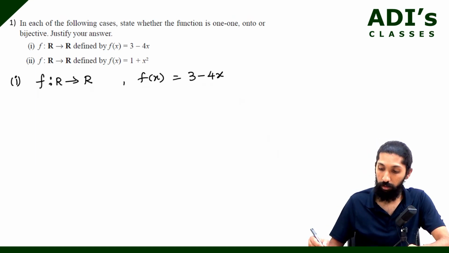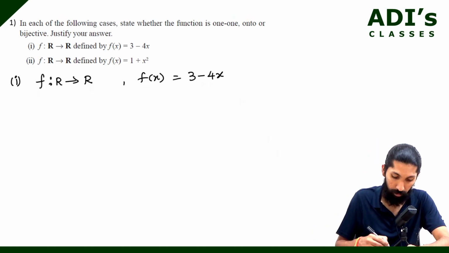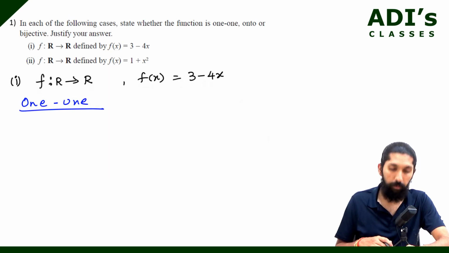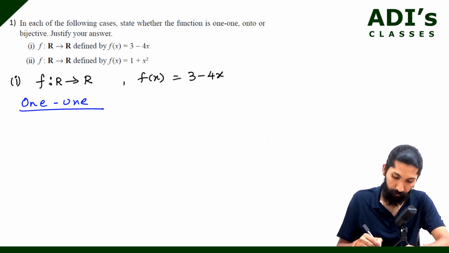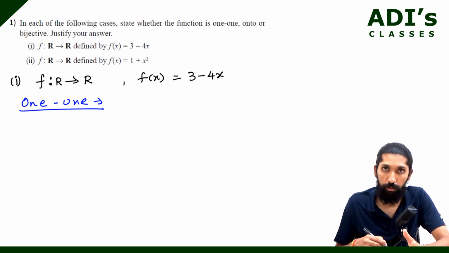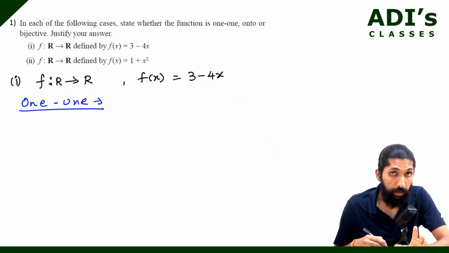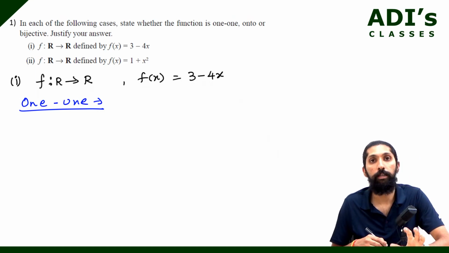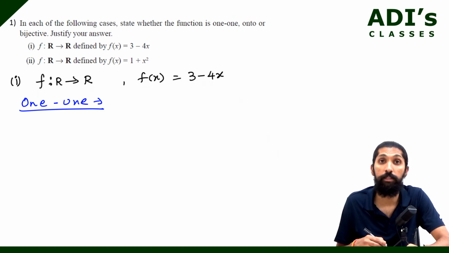Now, first we'll do for one-to-one. When you're doing for one-to-one, what do we have? If f of x1 is equal to f of x2, and if x1 is equal to x2, then we say that it is one-to-one, or you can call it an injective function, isn't it?